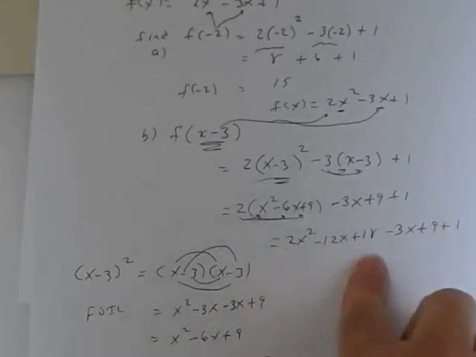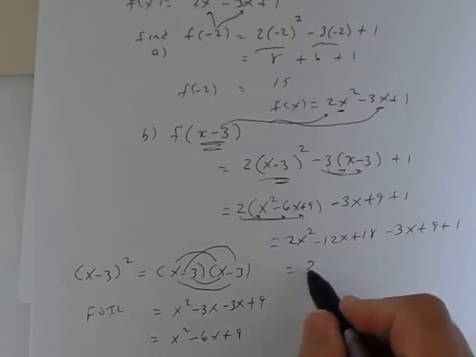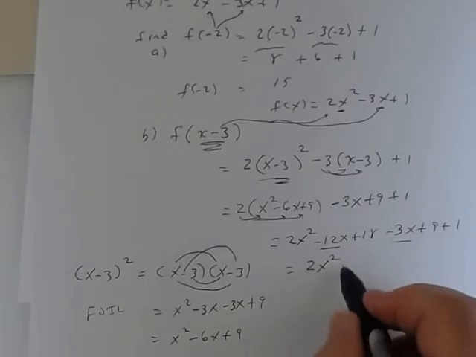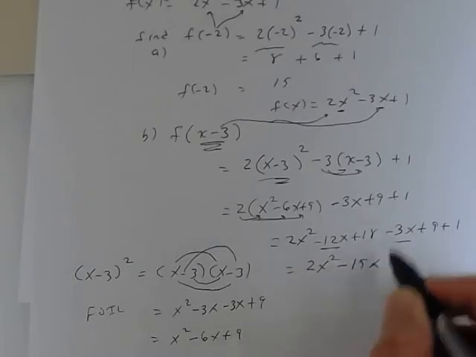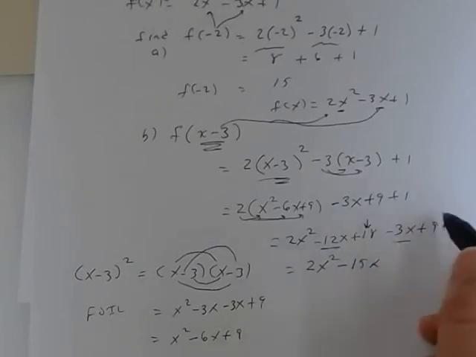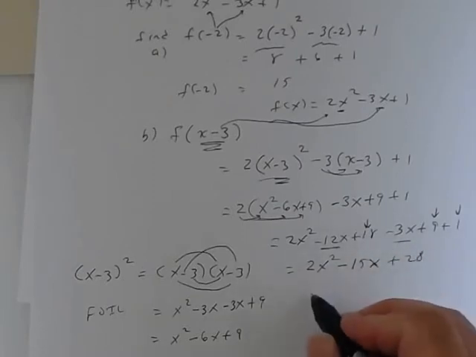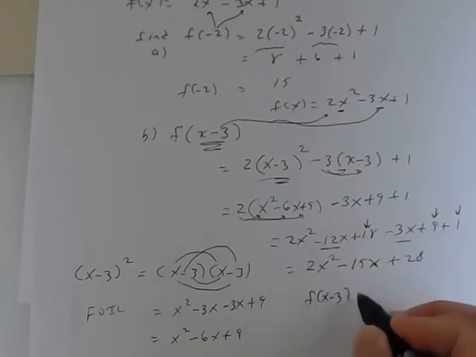And then finally, what's the last step? Combine like terms. So what's your answer? A negative 12x and a negative 3x is what? A positive 18 and a positive 9 and a positive 1. No, 28. So f of x minus 3 is this. Y'all agree?